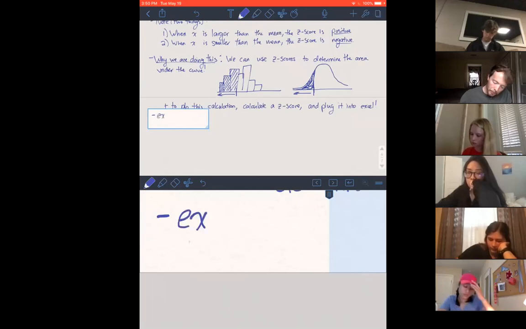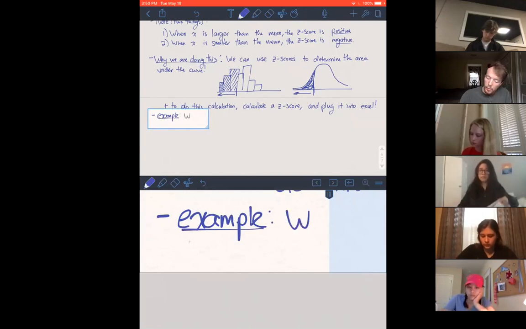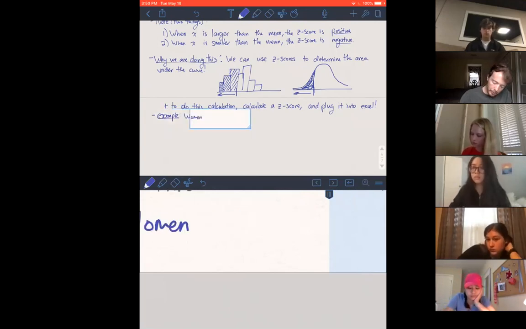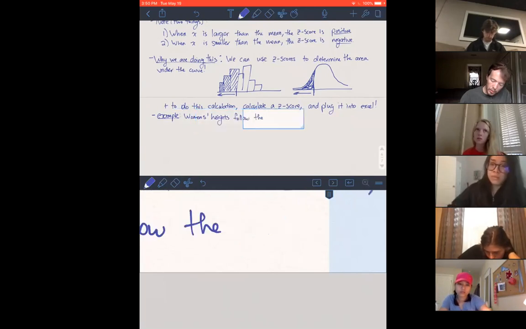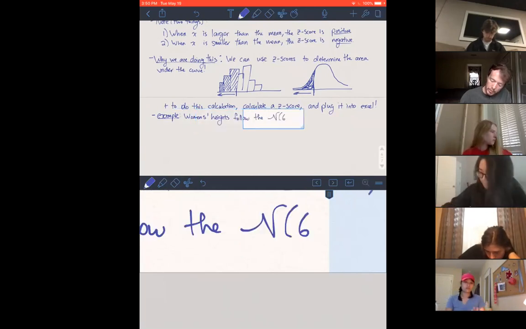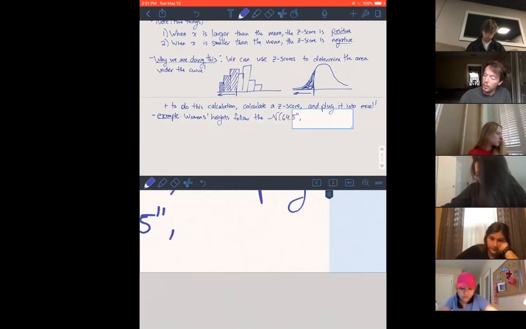So women's heights follow the normal distribution with mean 64.5 inches and standard deviation 2.5 inches.